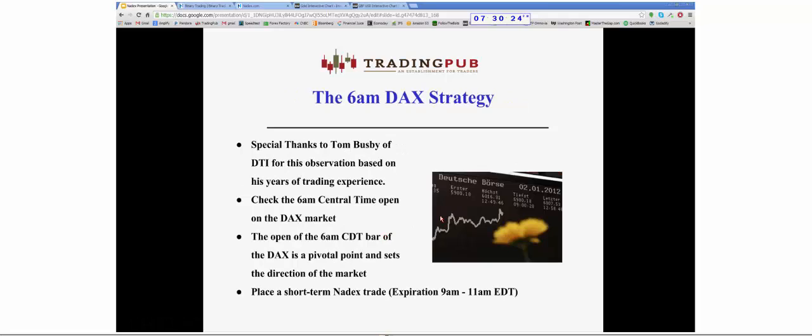Okay, and this is the 6 a.m. DAX strategy, and I have to thank Tom Busby for that. I'll show you a trade that I did this morning using that particular strategy. Basically, the essence of this is that the start of the 6 a.m. Central Time bar for the DAX market sets the tone for that market.